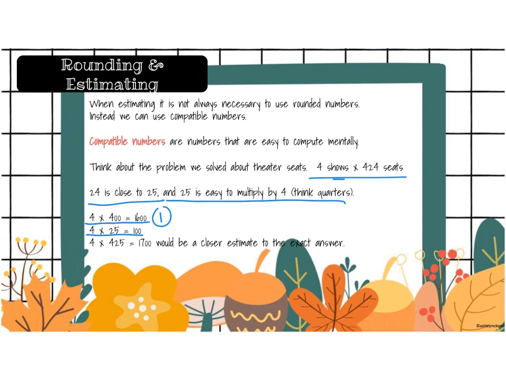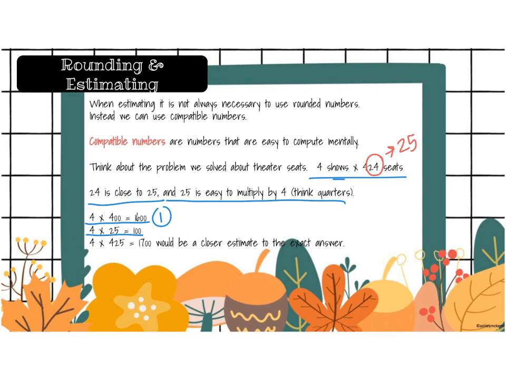But to get an even more accurate number, I could then, as a second step, go ahead and do 4 times 25. Why am I doing 4 times 25? It'd be easier because if you do that, it'd be 100, and you just know that if it would be times 100, it'd be the same thing, just with extra zeros.